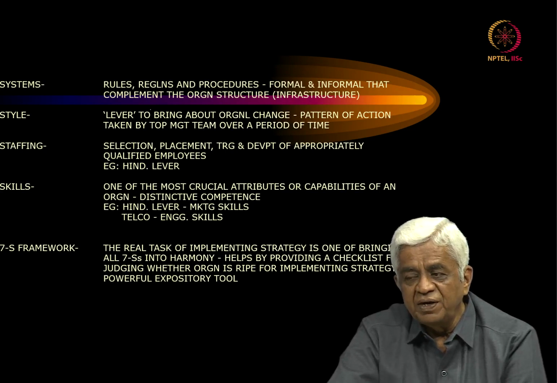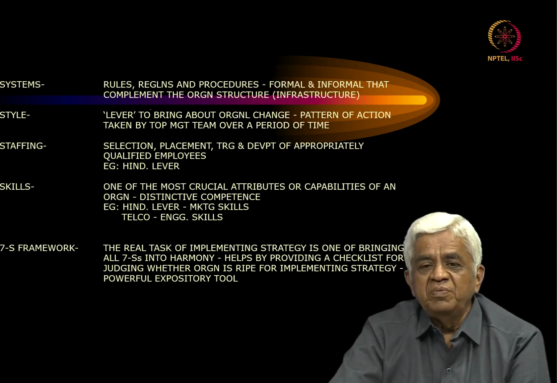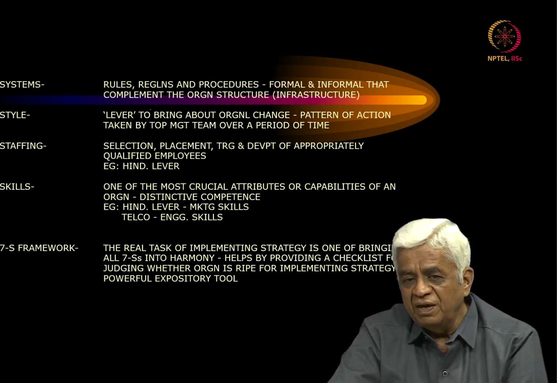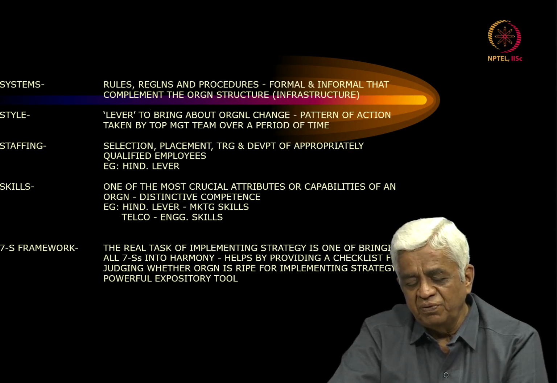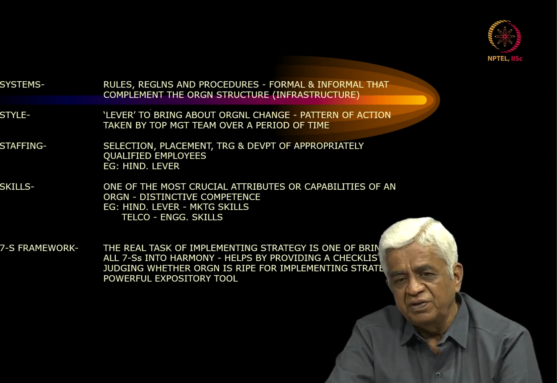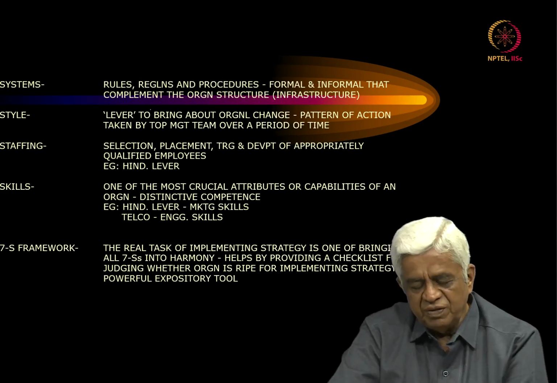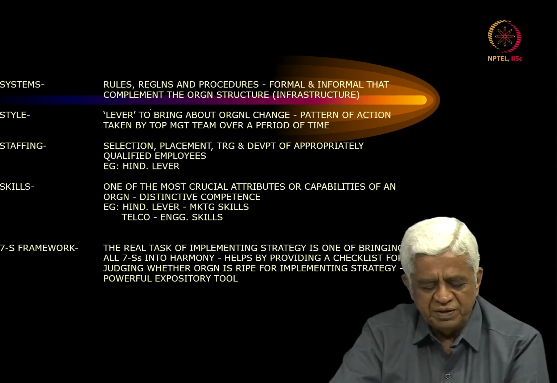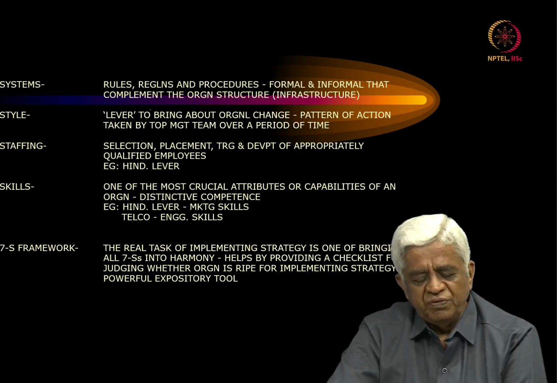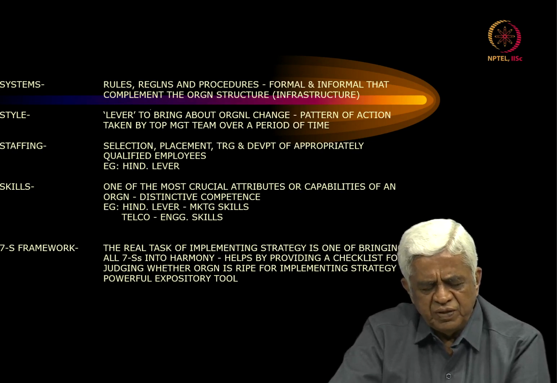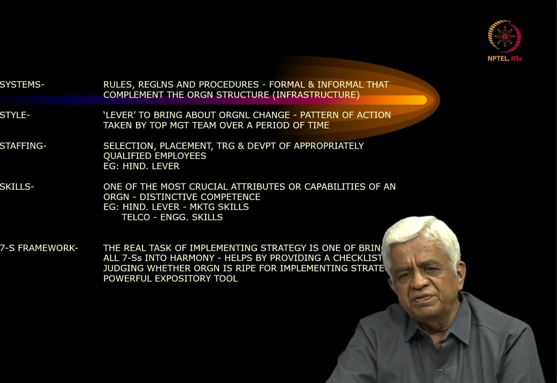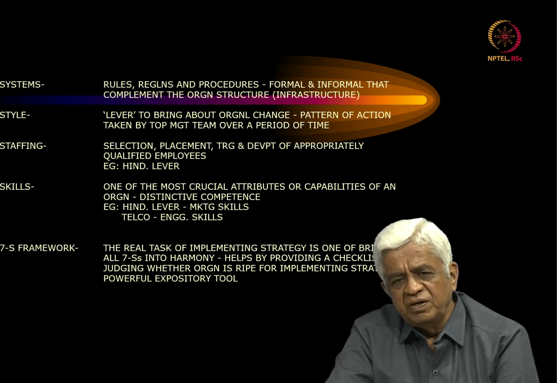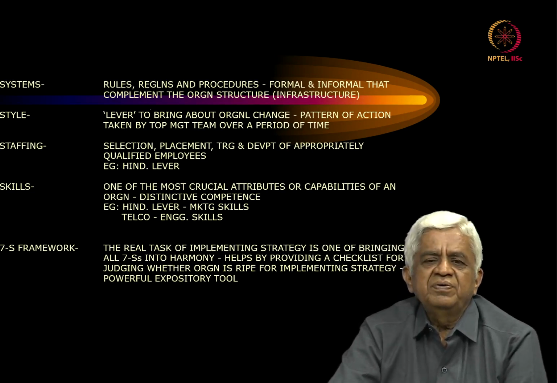It is now adopted by most Indian organizations also in the strategic planning process. Before they go into strategic decision making, they do adopt this 7S matrix. Okay. Of the 7 S's, strategy and structure many times are referred to as the hardware.